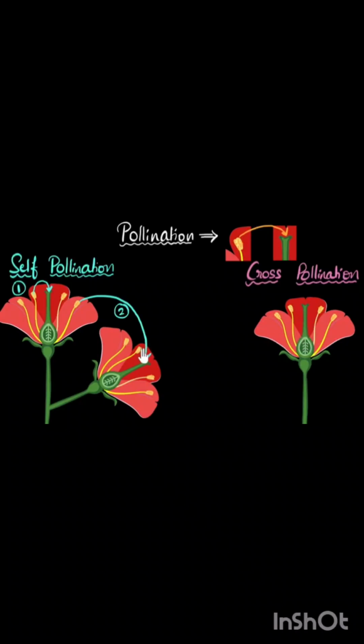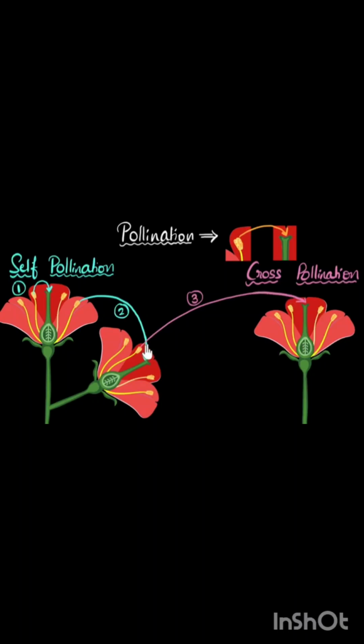So for example, if you have pollen grains from here going all the way to the stigma of a different flower altogether, a flower belonging to a different tree, then that is what we call cross-pollination, across two different plants. Of course, the same species, obviously, but two different plants altogether. So I'll call this number 3. This is in pink, so this is cross-pollination.